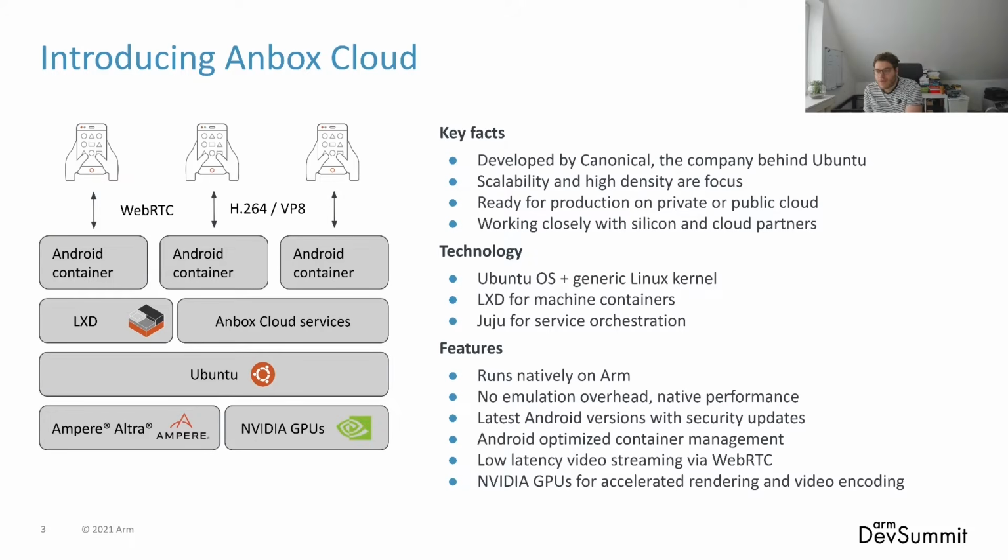We have a lot of different technologies to help our customers build efficient solutions running on any kind of cloud. So we thought bringing all of that together, combining it into a great solution which can help customers build out Android in the cloud solutions, can be very valuable. And that's what has become Anbox Cloud.